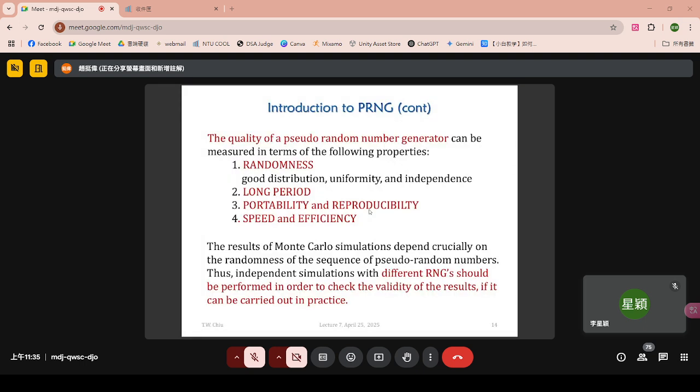The quality of a pseudo-random generator can be measured in terms of randomness: a good distribution that is uniform across the interval you want to generate, and independence. Also a long period, so the sequence should not repeat after a very short period.